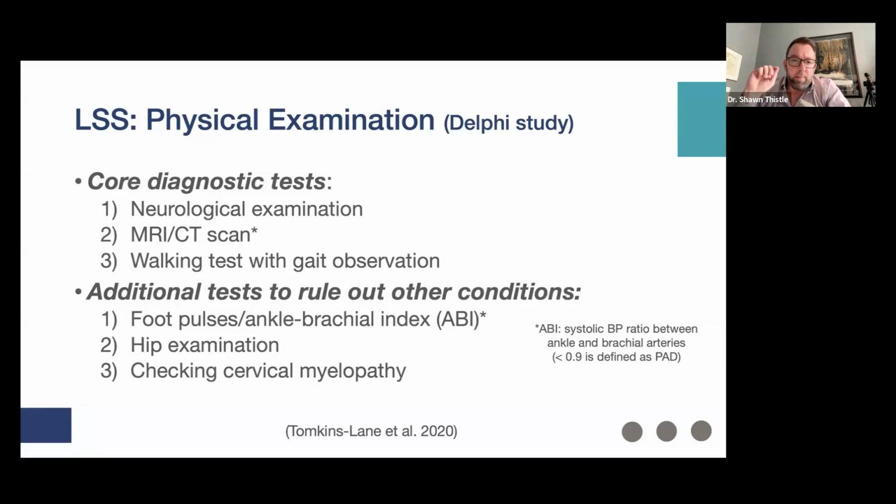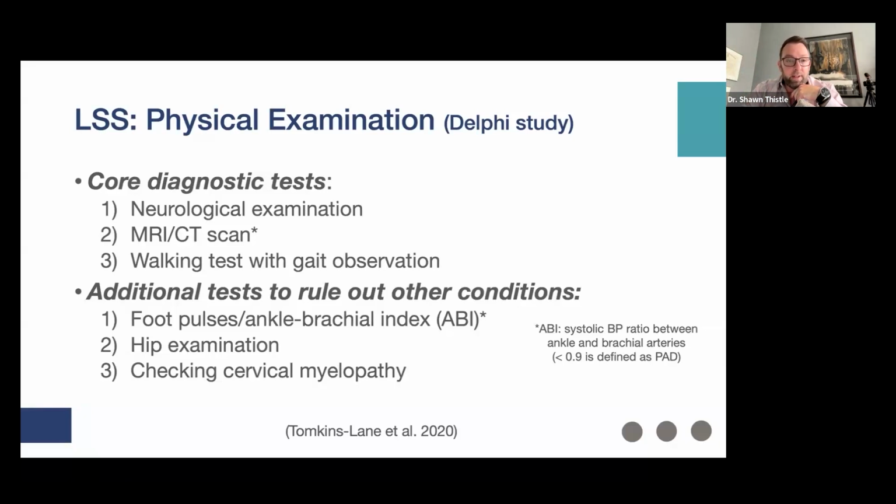Not to spoil the punchline, but part of the reason for that is if a lumbar spinal stenosis patient is not responding to conservative care, and what we know is about 1 in 3 don't, they're going to need to go and see a surgeon because that's also a reasonable treatment option if the patient's not progressing properly. On the way to surgery, the surgeon is going to take an MRI of that patient anyway.